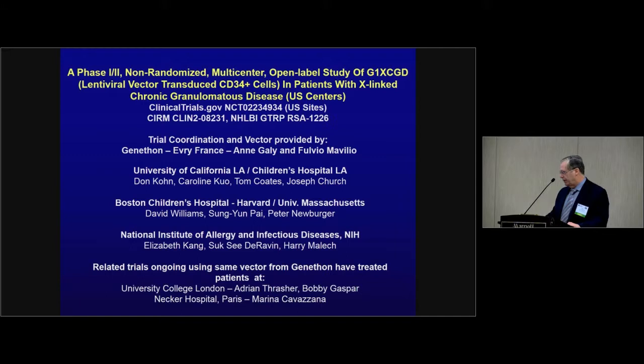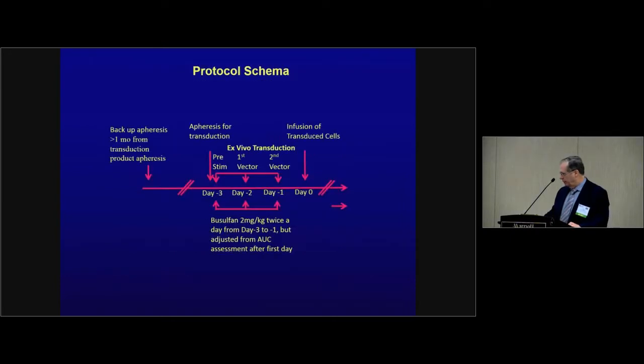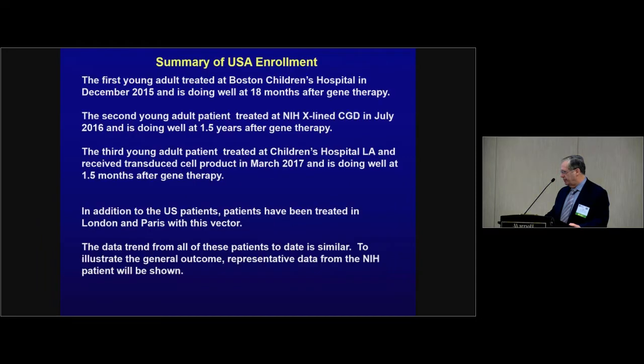I'm not going to go through all the details of this trial because I'm using the early results as an illustration rather than giving you highly detailed outcomes. I will say that the patients got apheresed, cells were collected, and they were transduced. While they were being transduced, the patient gets busulfan conditioning, and then cells are infused in the patient.